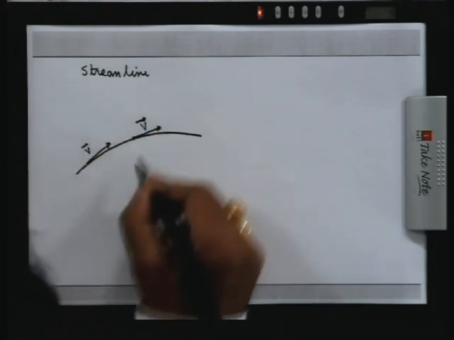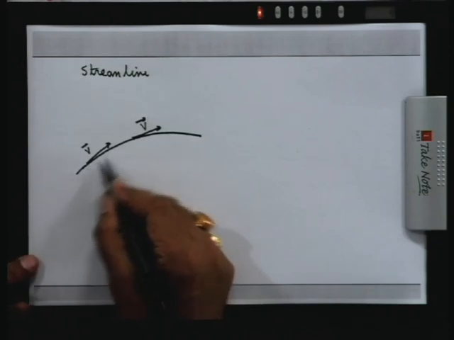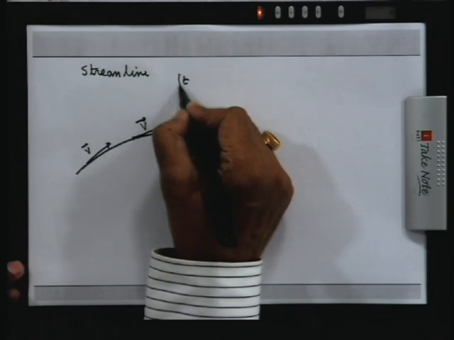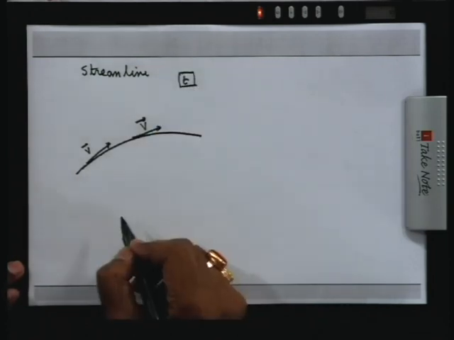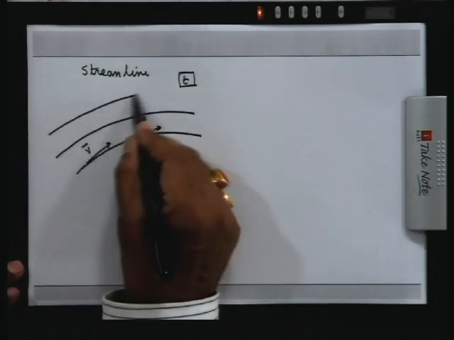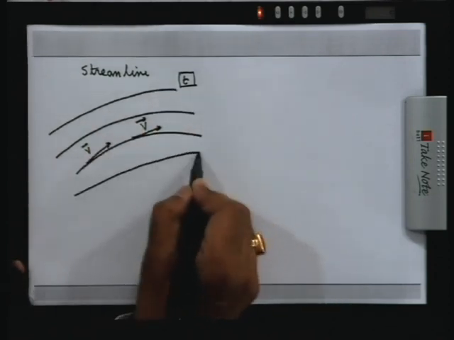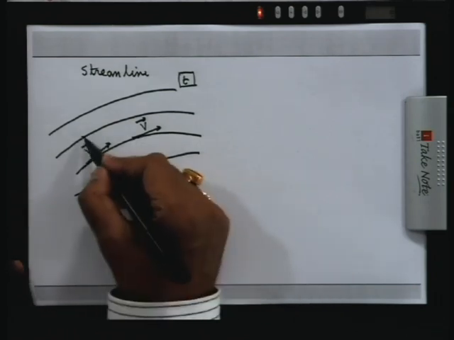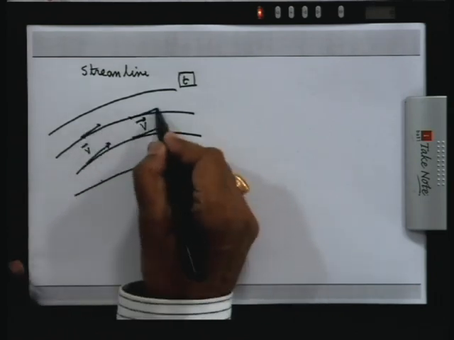That means it is an imaginary line at any instant of time. So, first of all, a streamline has to be specified at any instant of time. It is a series of lines at any instant of time, so that at any point the tangent represents the velocity vector.